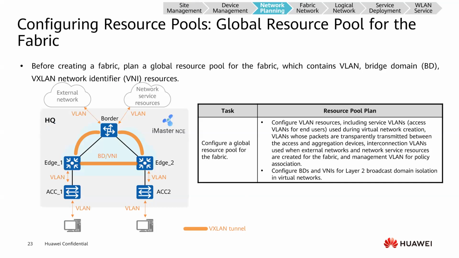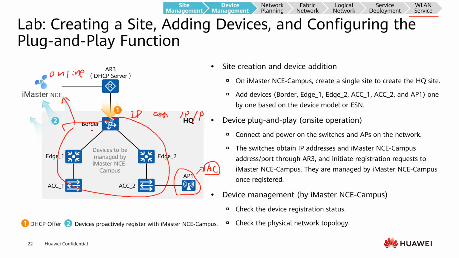Someone asked me, so the site is a site of devices, not only one device, right? That's right. A site is matched to, such as, a department's network, a group of devices that is managed by a specific department. In our experiment, we set this part just like our HQ.